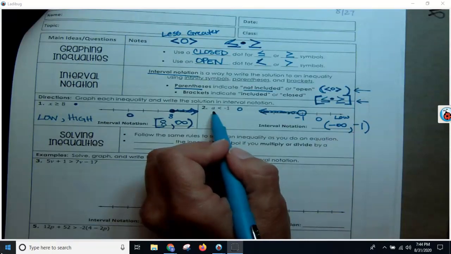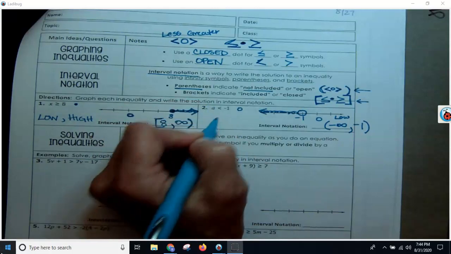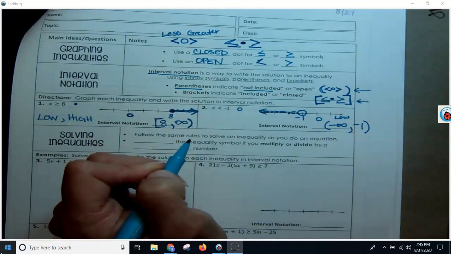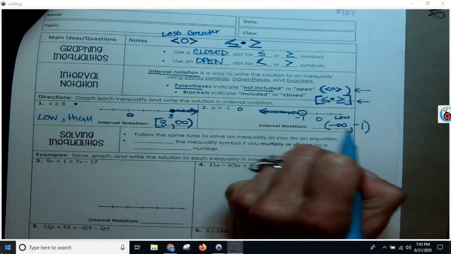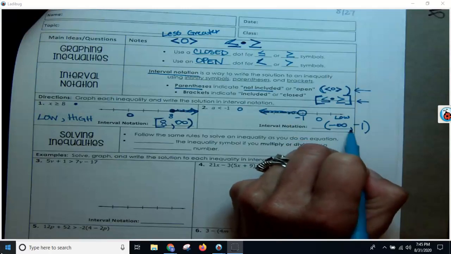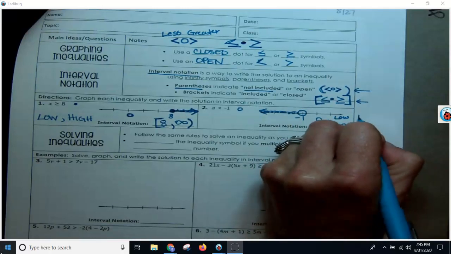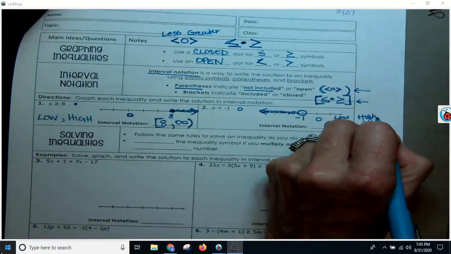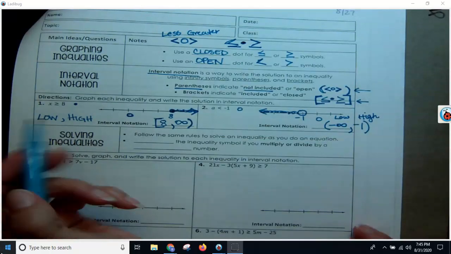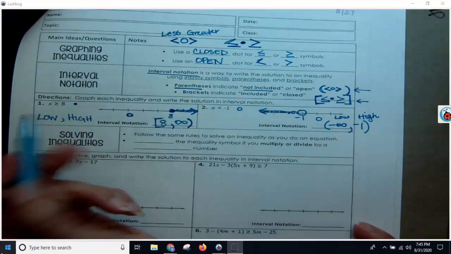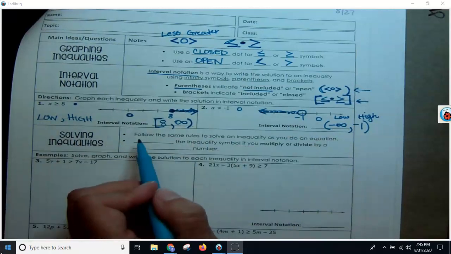That would not be accurate, because -1 is not less than -1, it's equal to it. So again, I put my negative infinity sign as my lowest number, comma, and then -1 is my highest number. I said lowest number even though it's not really a number. You know what I mean.